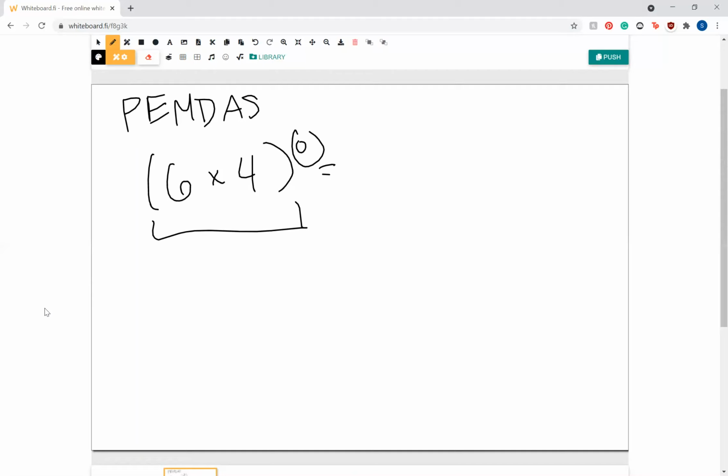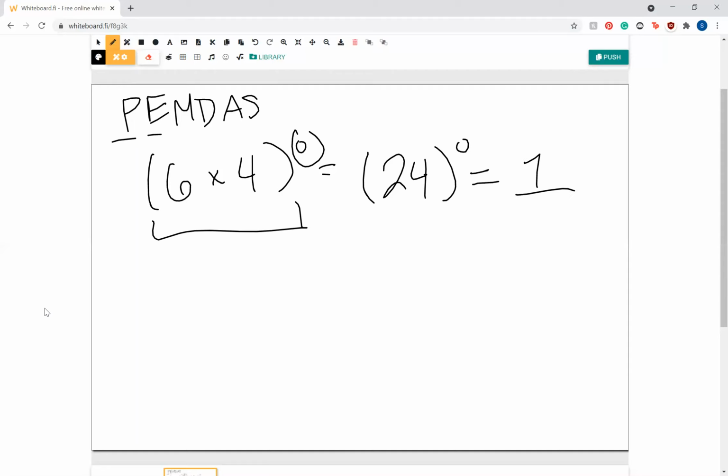And since parentheses come first, we still want to do what comes in parentheses before we do the exponent. Parentheses come before exponent. So 6 times 4 is 24 to the power of 0. And then if we apply our rule, remember anything to the power of 0 is 1. So that just gives us 1.